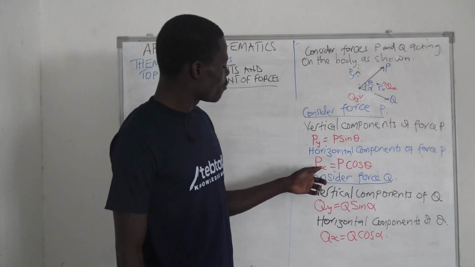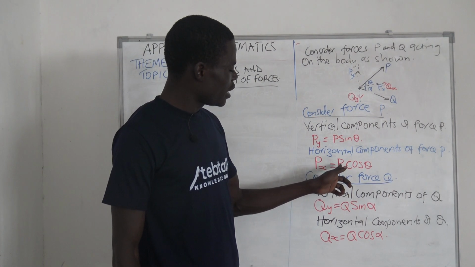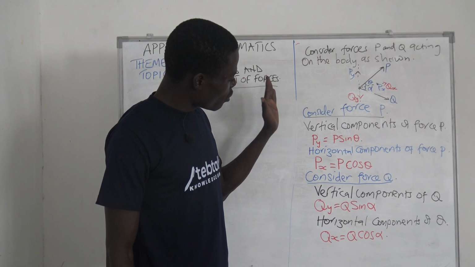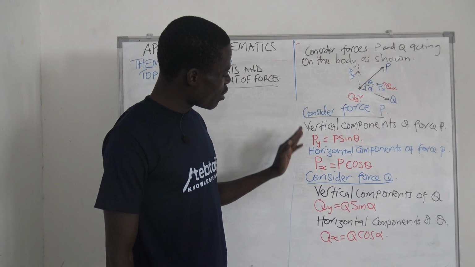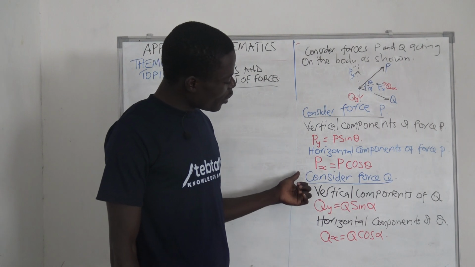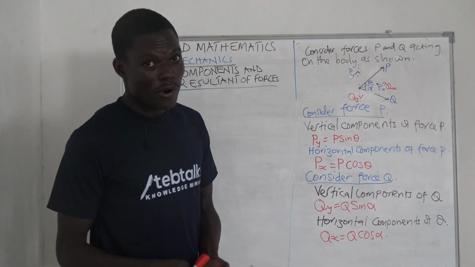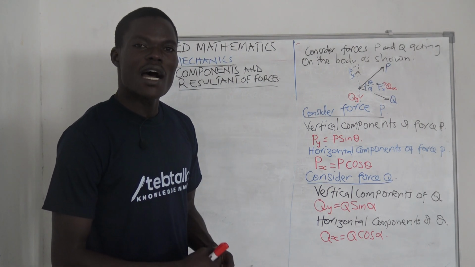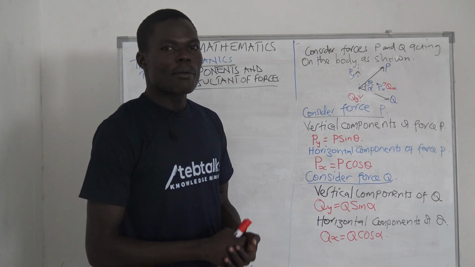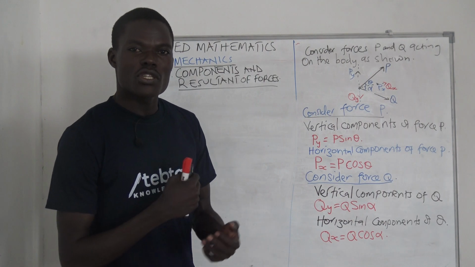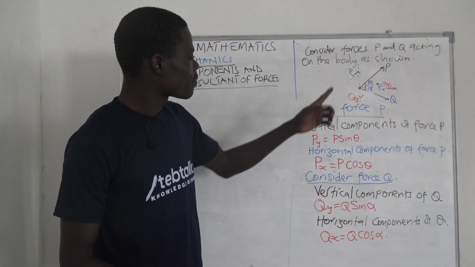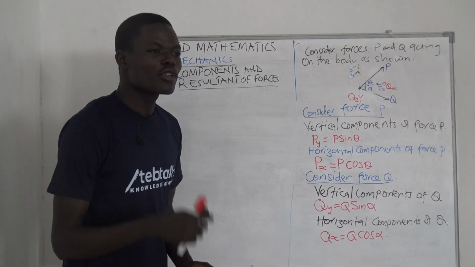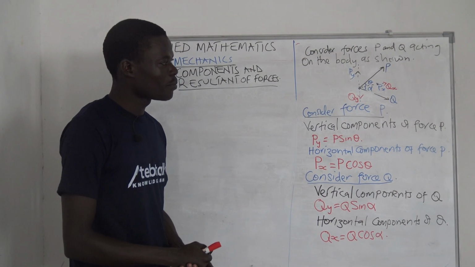So these are the two components of force P, vertical and horizontal. Then we consider the second force, force Q, which also has two components. But when getting the components of force Q, you use its own angle, not the angle for P, so don't be mistaken and use the same angle.